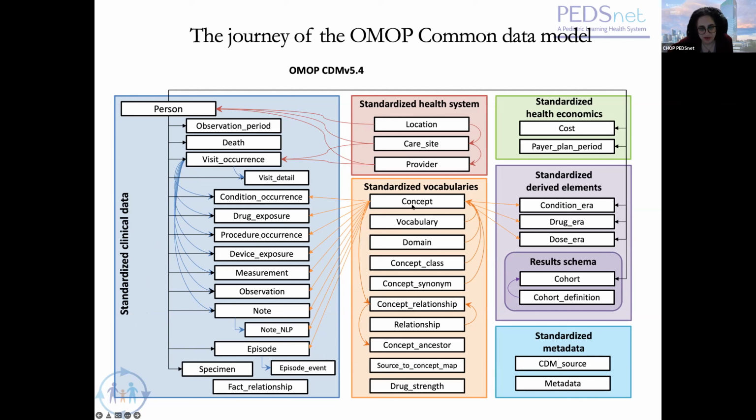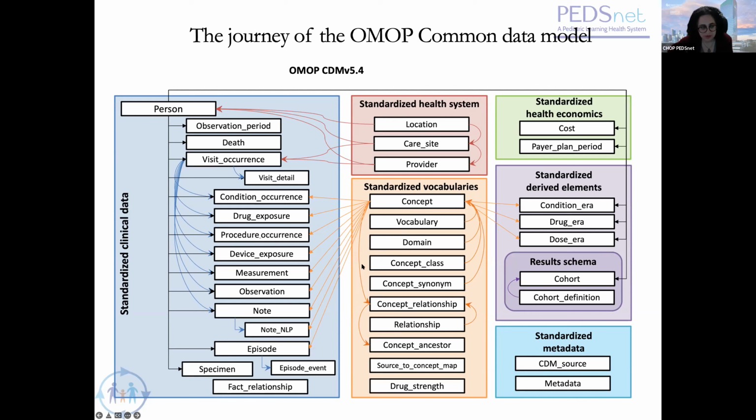So they're represented by this idea of a concept. A concept is, for example, a diagnosis code. And then these tables have metadata about each concept, and these are represented in all the data tables.